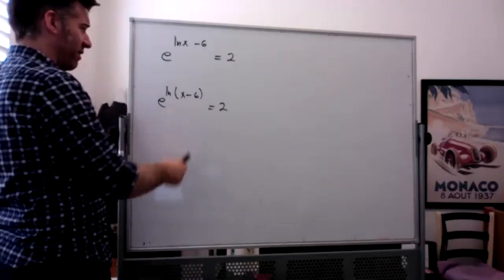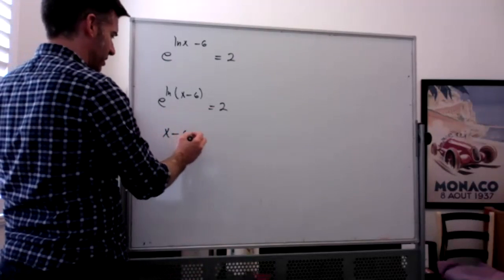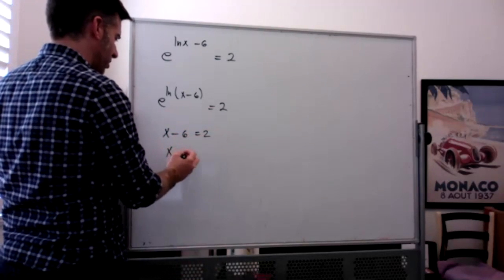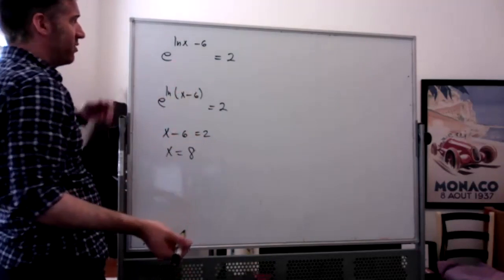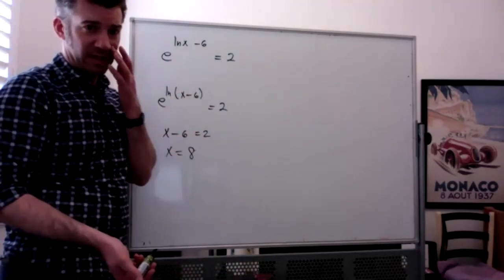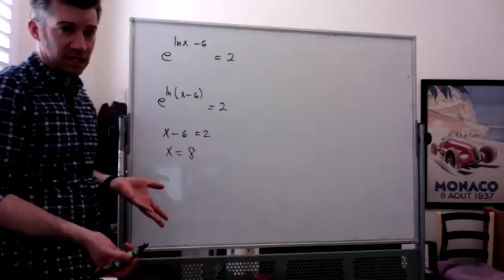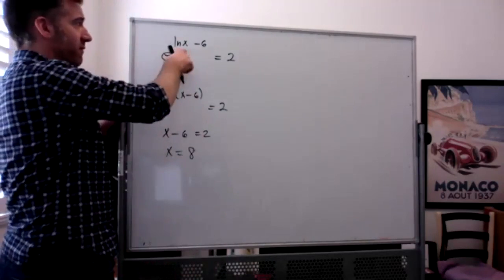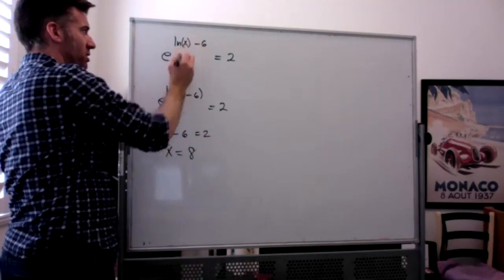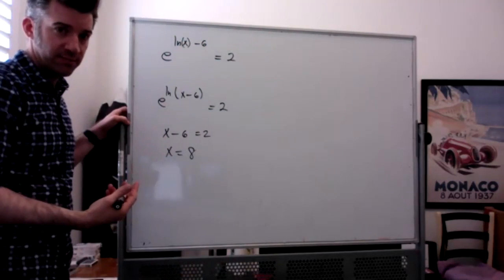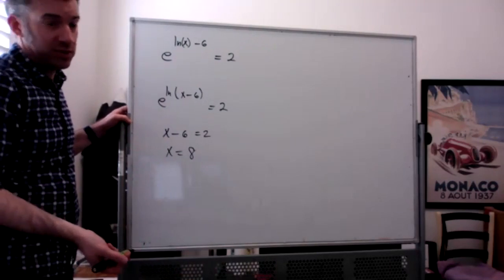E to the natural log of x minus 6 is just x minus 6, so x would equal 8. That's not what we have though. If there's not a parentheses, we have to assume that only the first thing that comes after the natural log is actually in the natural log. So it's e to the natural log of x, minus 6, equals 2.